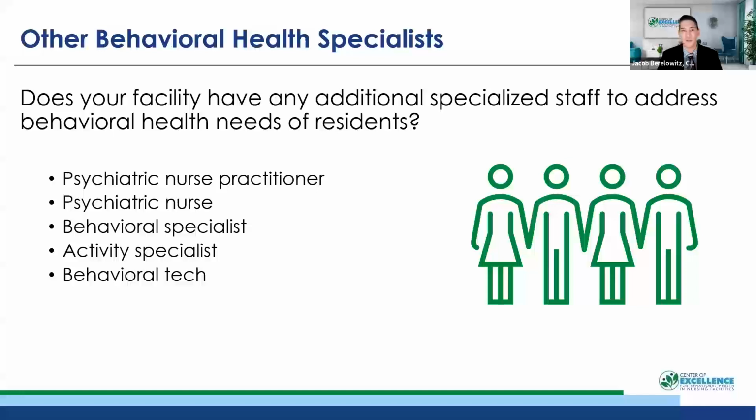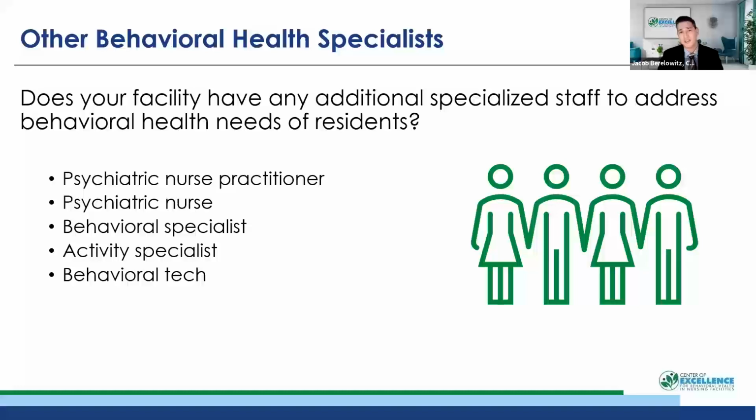That's like the equivalent of a nurse assistant that's used more in an acute inpatient psychiatric setting, a hospital psychiatric setting. They have behavioral techs. And so think about whether any of these, or maybe something else, is something that you currently have in your facility, or something that would be beneficial.